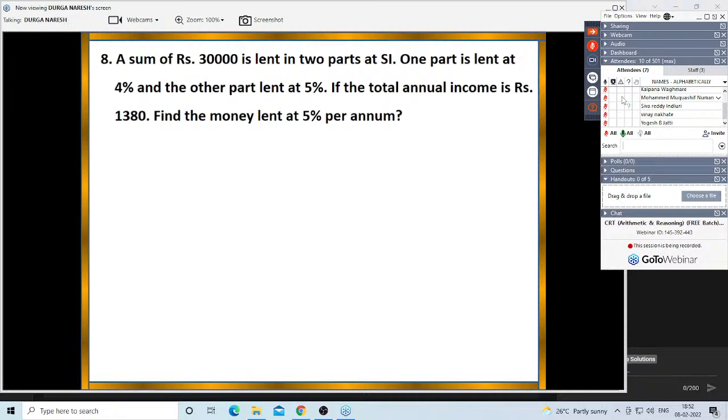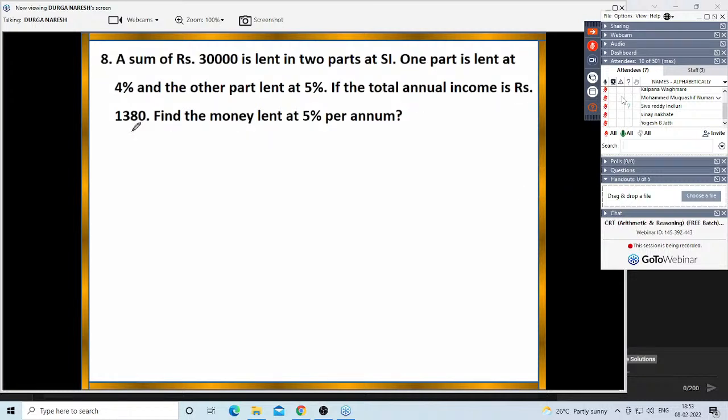If the total annual income is 1380 rupees, then find the money lent at 5% per annum.